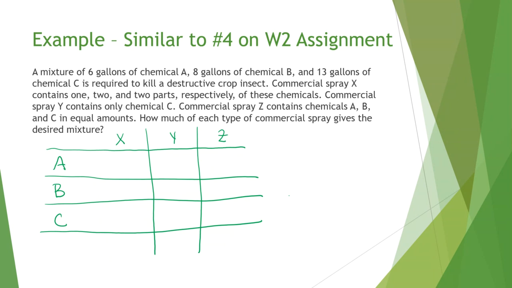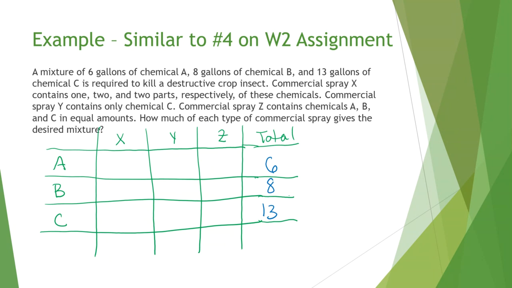Whoops, erased too much. I made my table in the wrong spot. Okay, and then I'm going to just put the total here. So we have 6 gallons of A, 8 gallons of B, 13 gallons of C. So those are the total gallons that we have.